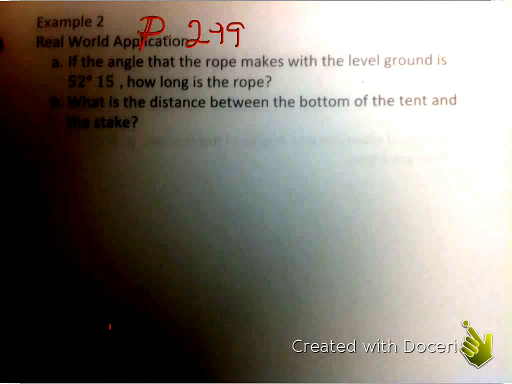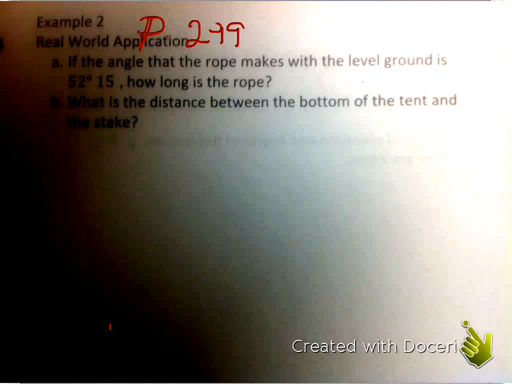A circus has arrived, and the roustabouts must put up the main tent in a field near town. The tab is located on the side of the tent 40 feet above the ground, and a rope is tied to the tent at this point, and then a rope is placed around the stake on the ground. If the angle that the rope makes with the level ground is 52 degrees and 15 minutes, how long is the rope? What is the distance between the bottom of the tent and the stake?